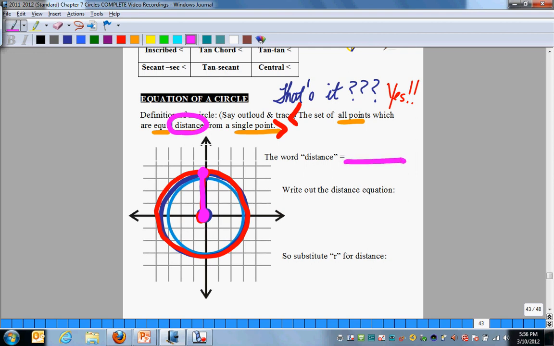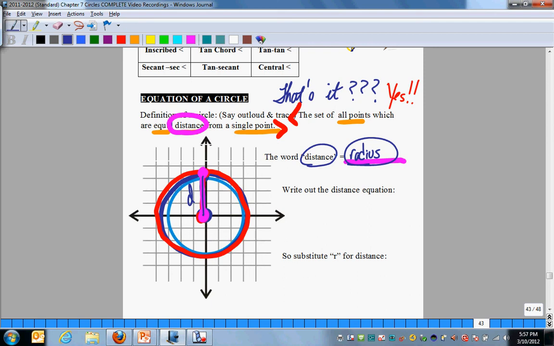Fill that out. You should have noticed when we said distance here, we actually traced the radius. So in the circle equation, distance and radius are going to be interchangeable.